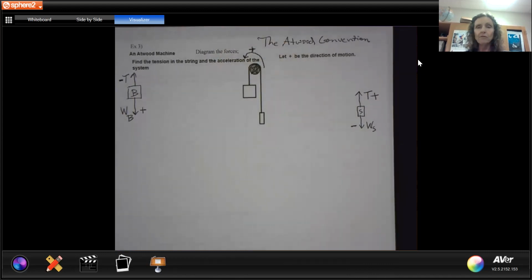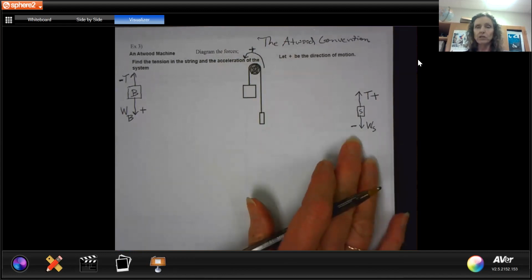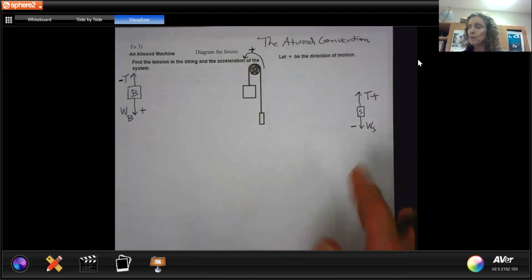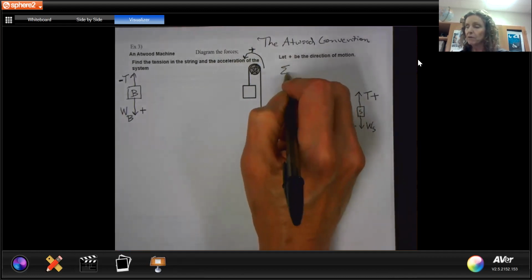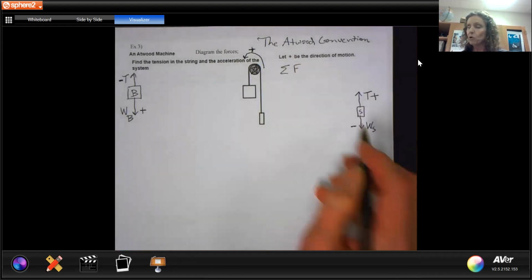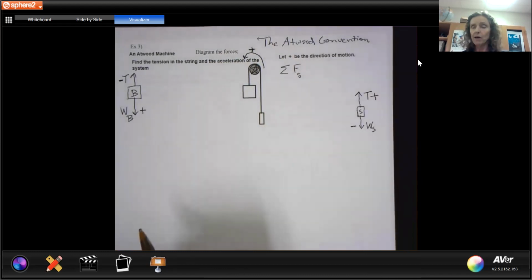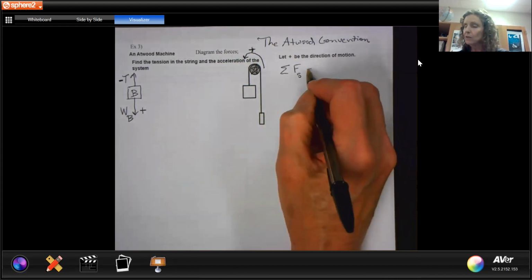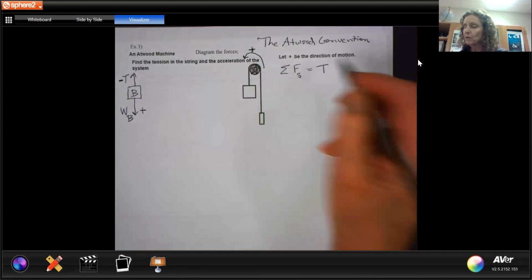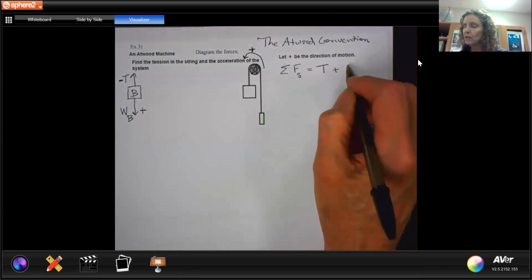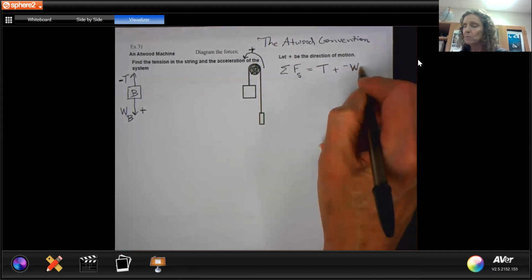So let's try our free body diagram turning into a net force statement now. You can start straight off with ma, or you can do sigma F. This is going to be the net force on the smaller block or smaller mass, and that's equal to tension up and weight down in the negative sense, and it's the weight of the small one.